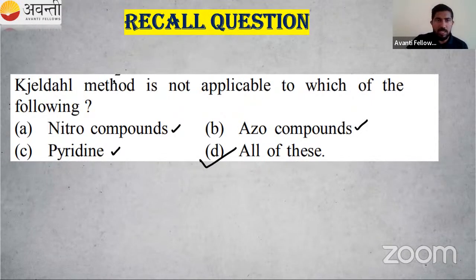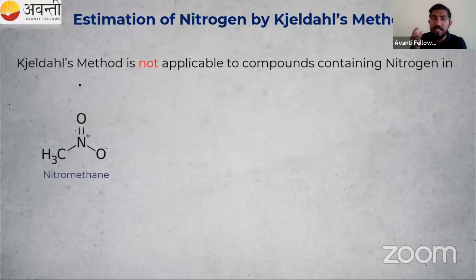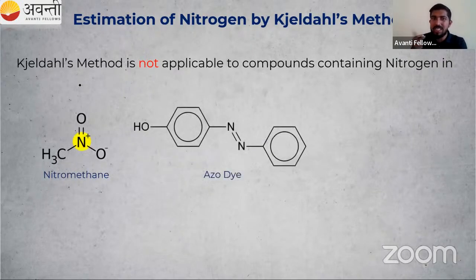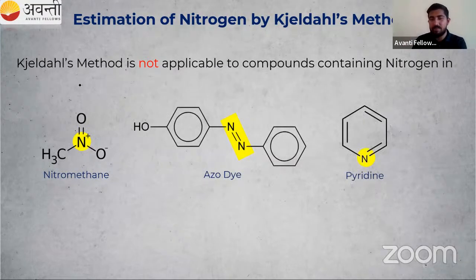So this is our Kjeldahl's method. Kjeldahl's method is not applicable to which of the following compounds? Kjeldahl's method, like the Dumas method, is used for the estimation of nitrogen, right? This is what we studied in the last class. Kjeldahl's method is not applicable to compounds containing nitrogen in nitro groups, then azo compounds, and lastly if nitrogen is present in a ring.